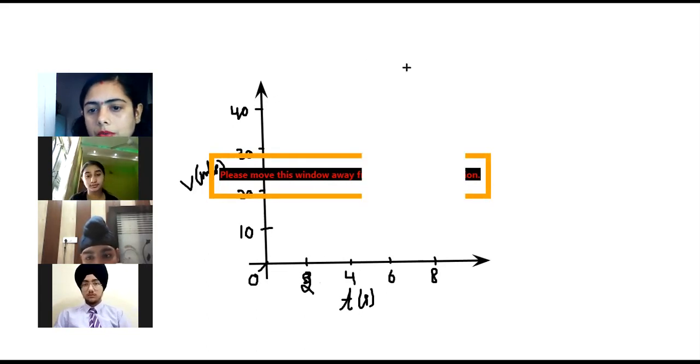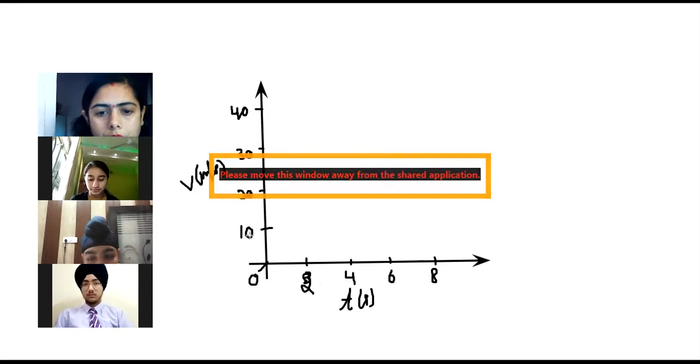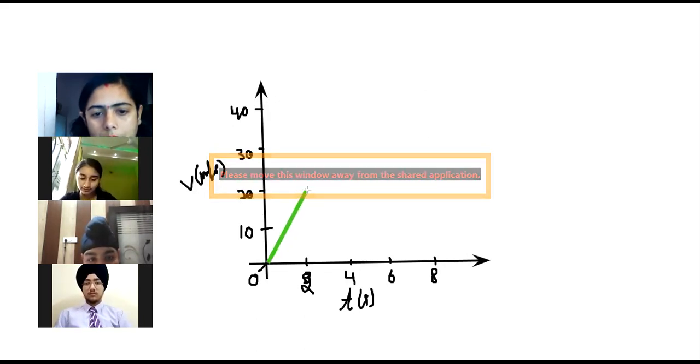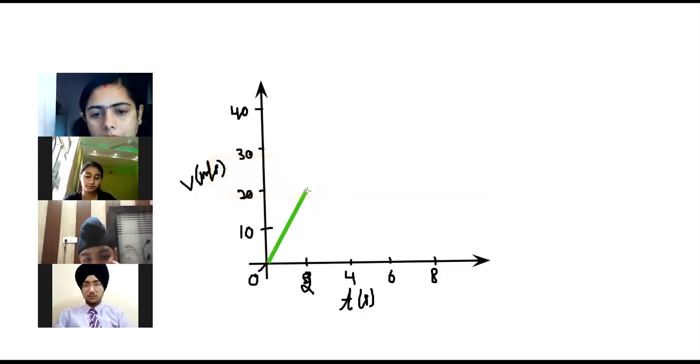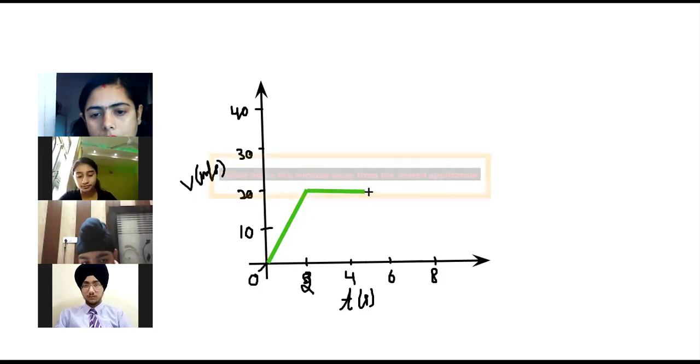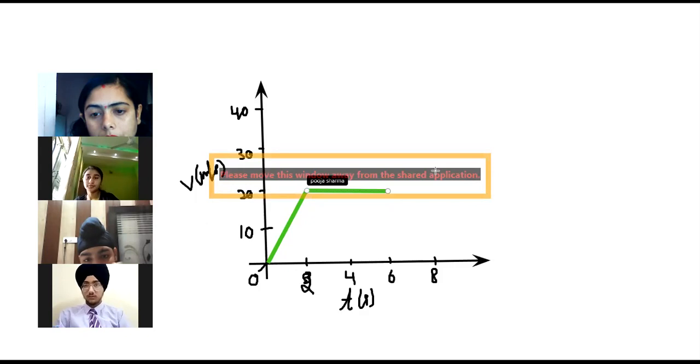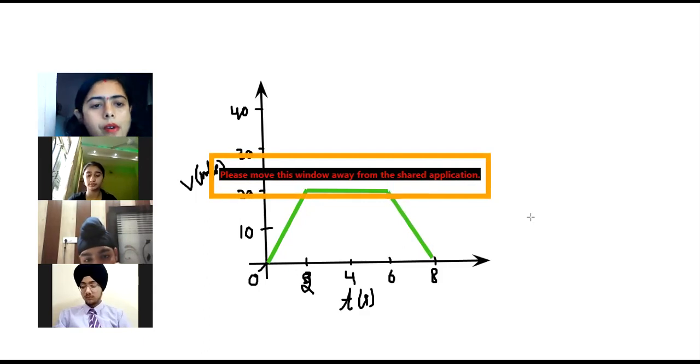Now you have to look and work accordingly. Okay, ji. So my figure goes like this. 20, 20. Fine. Then it goes till here. And then it is here. Okay.